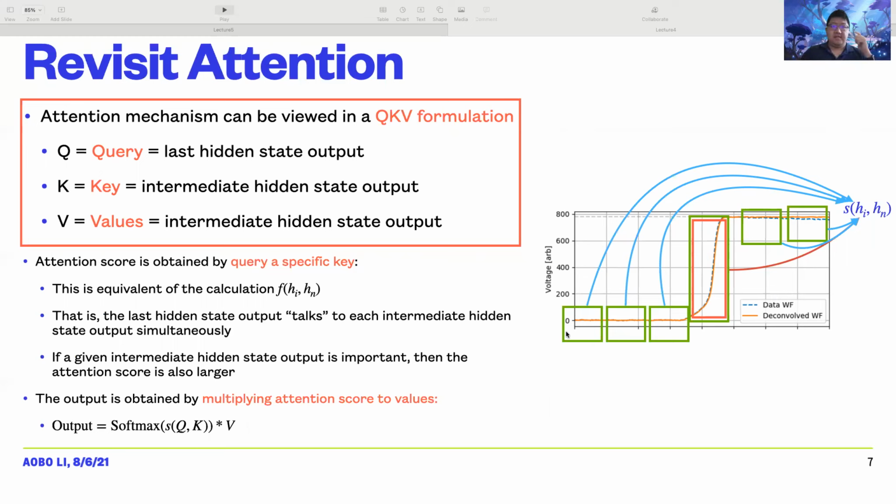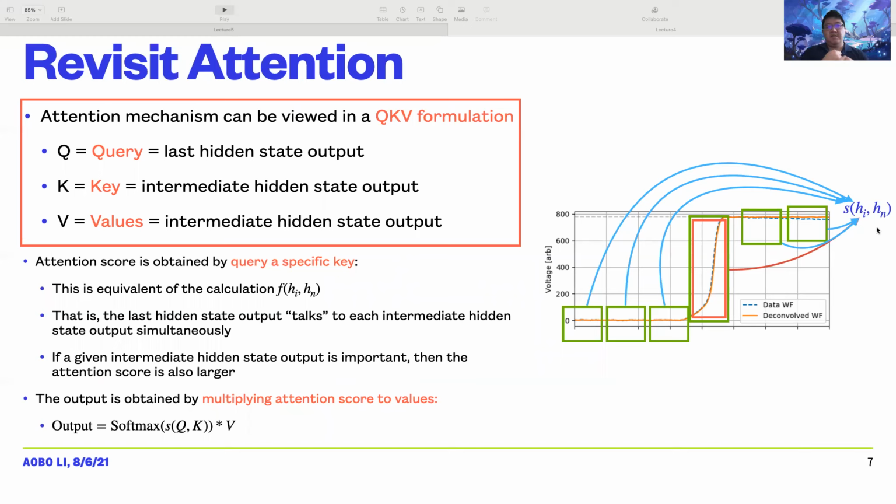So the attention score is obtained by querying a specific key, and this is equivalent to the calculation of the attention score F of HI and HN, or you can call it S of HI and HN. That is, the last hidden state output talks to each of the intermediate hidden state outputs simultaneously.